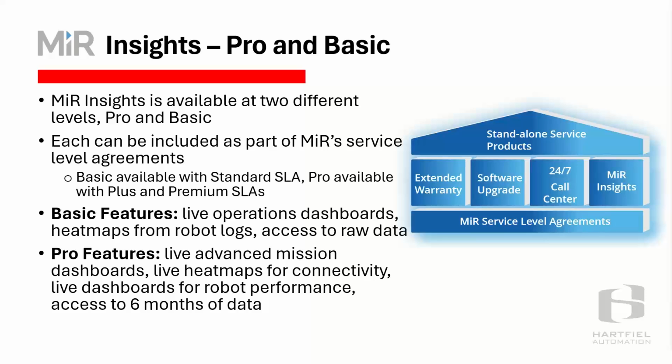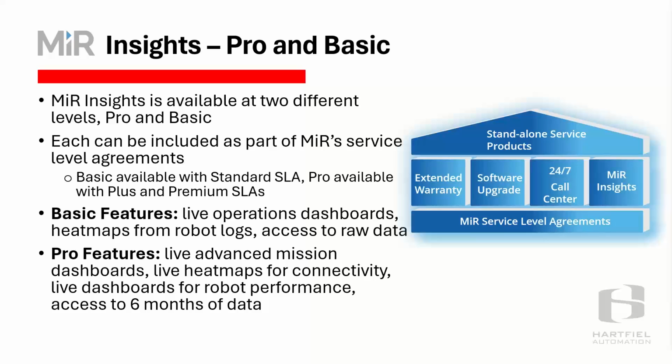So it's really available in two forms. The first is called MiR Insights Basic, and the other is MiR Insights Pro. Essentially, the Pro version is going to be a more feature-rich version of MiR Insights. Both of these versions can be made available by participating in our robot service level agreements.